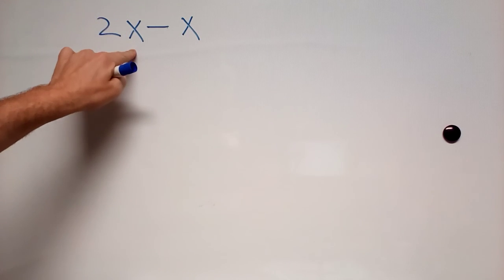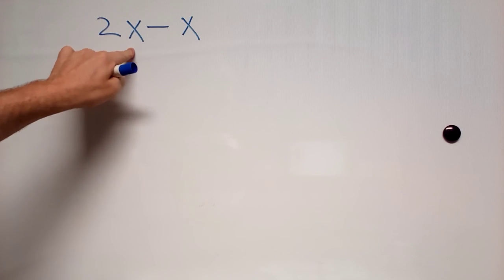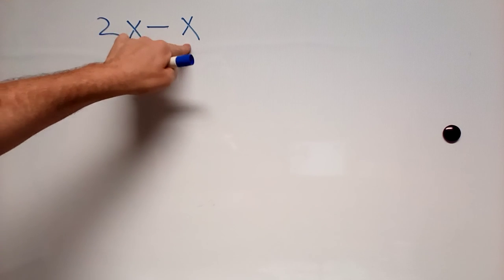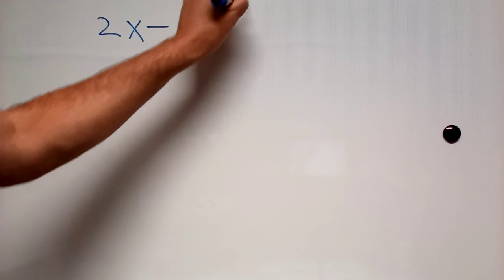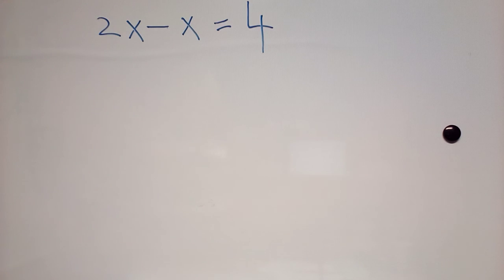Twice a number decreased by a number equals 4. I'll put my equal sign and I put 4 there. Okay, so that is twice a number decreased by a number equals 4.